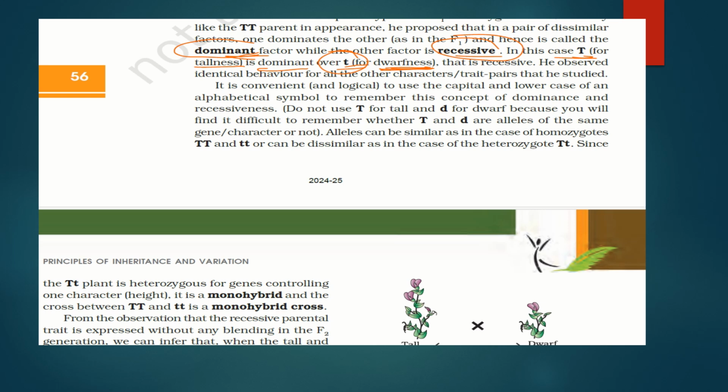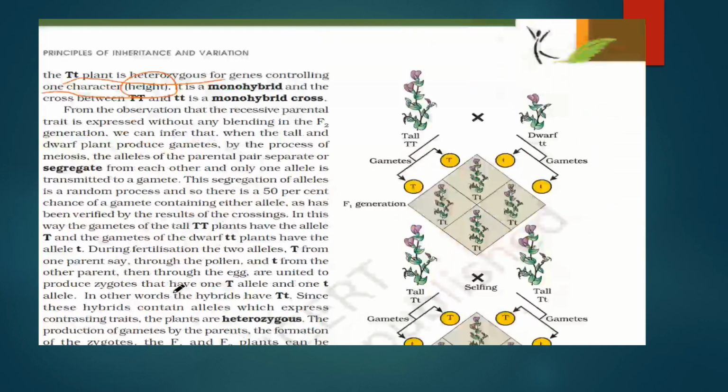It is not that dwarf means D. It is convenient to use the capital letter for the dominant one and the lowercase letter for the recessive, right? Now Tt is heterozygous for genes controlling one character, height only, so it is monohybrid, and the cross between Tt and Tt is called the monohybrid cross.